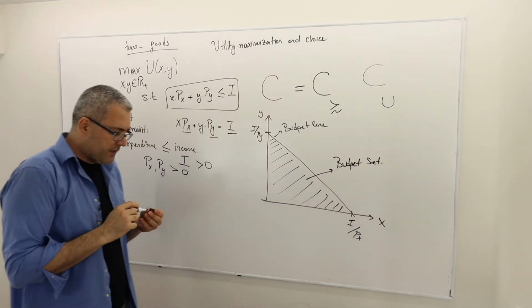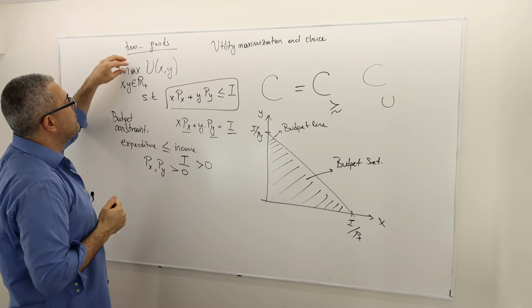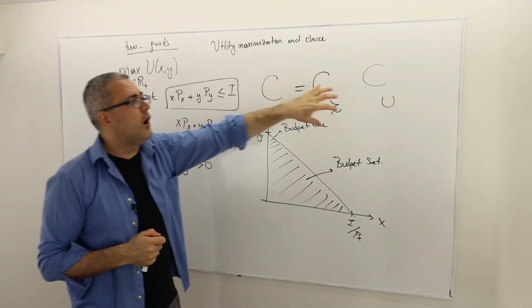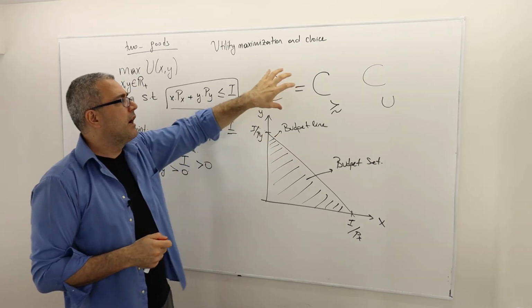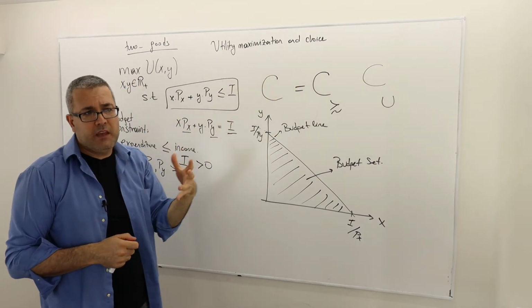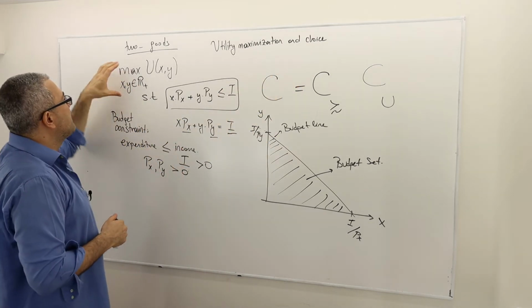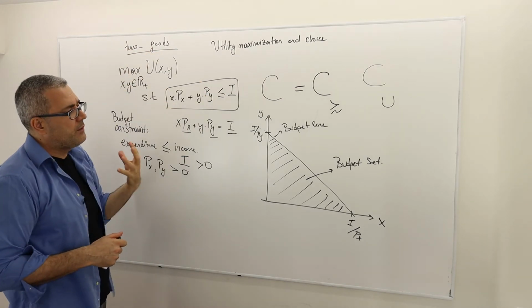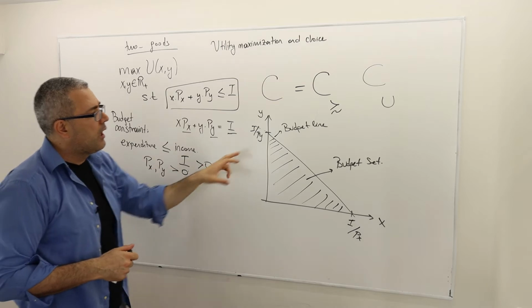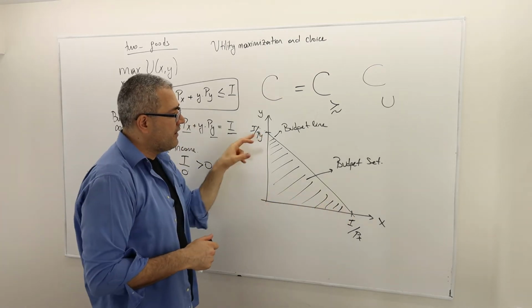So this maximization problem, maximizing utility, the maximization problem of my robot, which represents my individual's choice behavior, subject to this constraint basically means, look, we have this triangle.